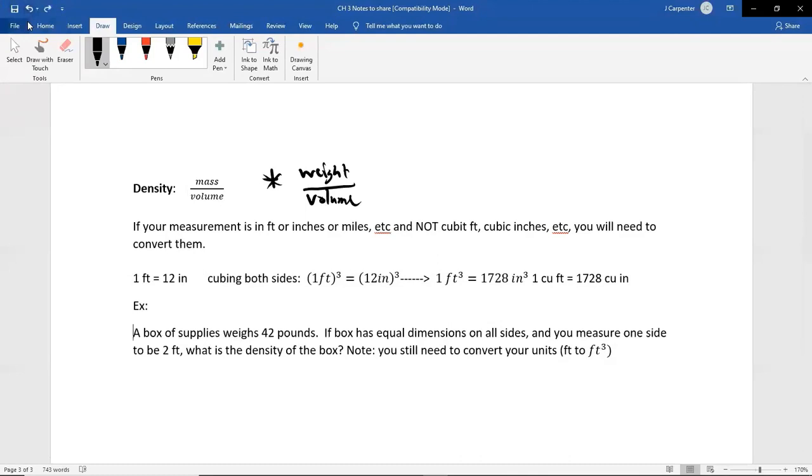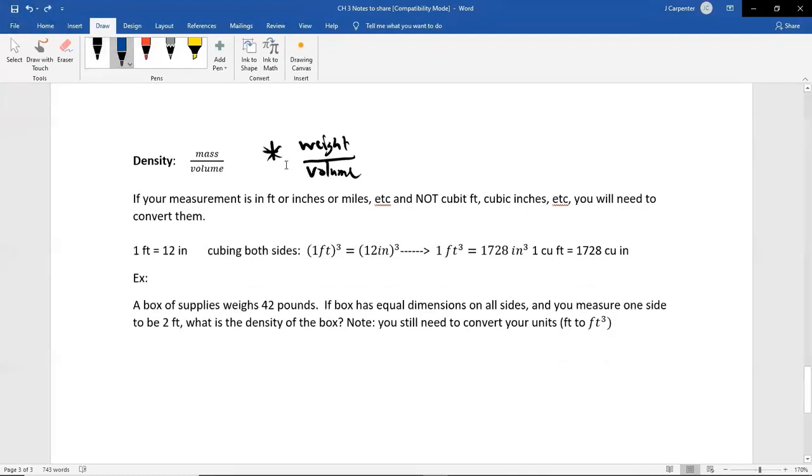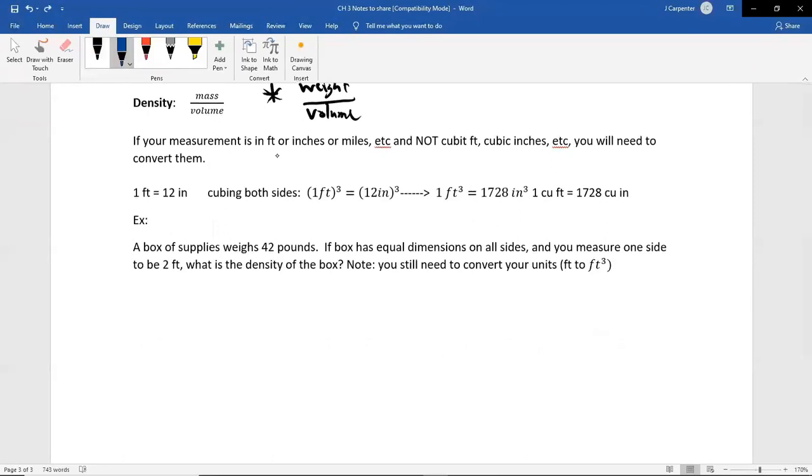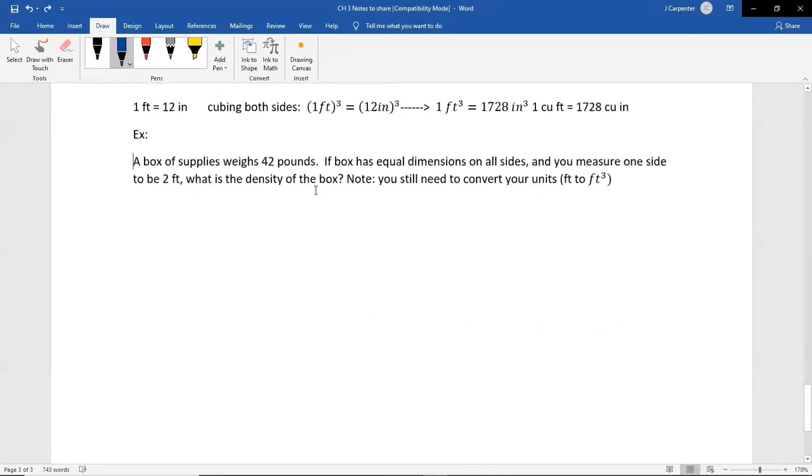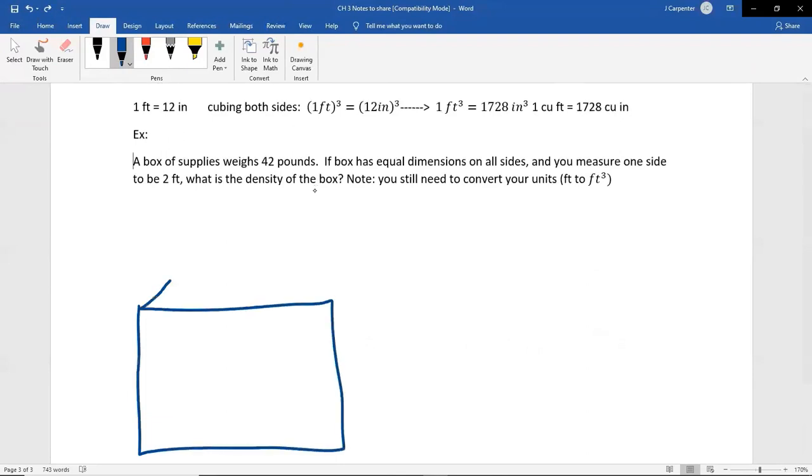So let's get to the example. A box of supplies weighs 42 pounds. So we've got some box, and hold on, that pen's being weird. We've got some box. We'll leave a little space for the actual problem. Here's our box. I'm going to assume this is a cubic box because it says the box has equal dimensions on all sides.